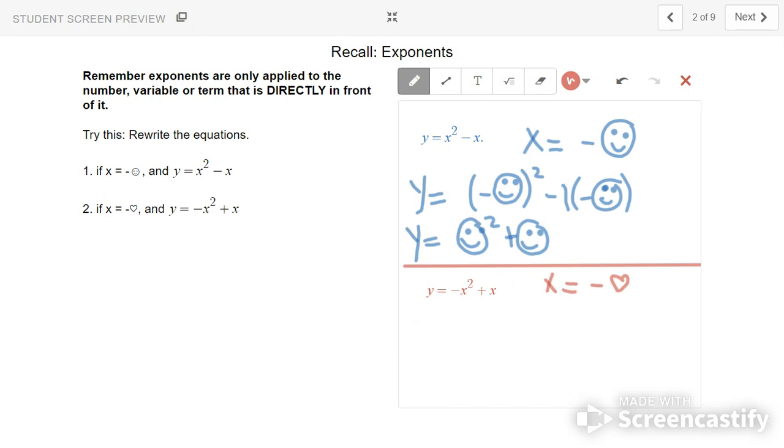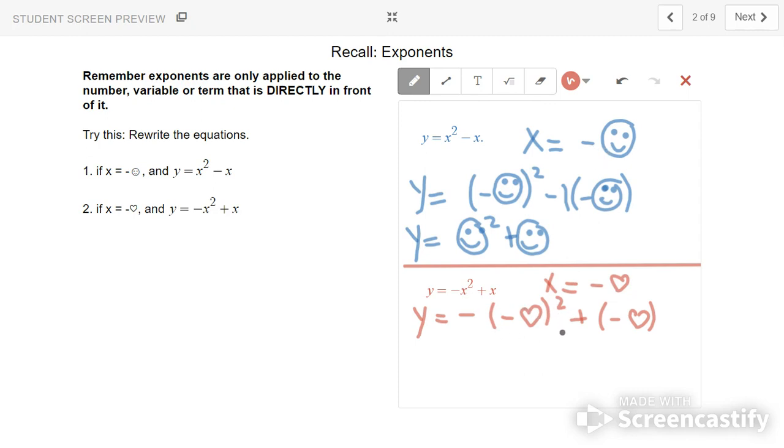Now, when I substitute it into the equation, I have y is equal to negative bracket negative heart squared plus negative heart. Now, the reason I put all of these into brackets is because I know that the entire x is this term, negative heart or negative happy face.